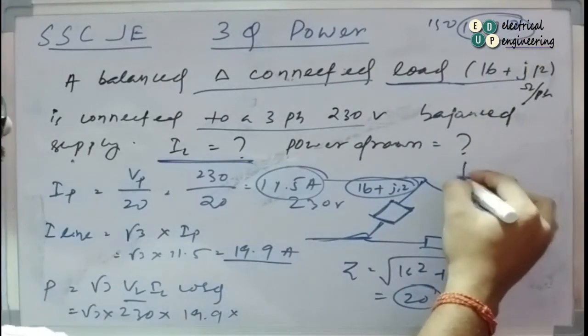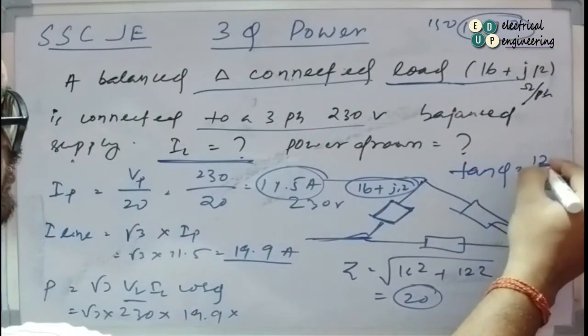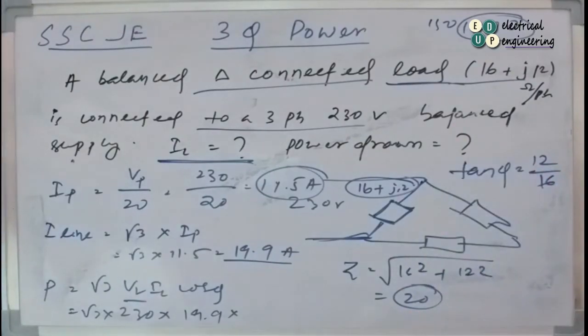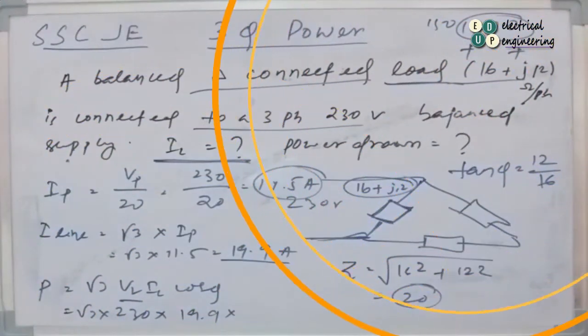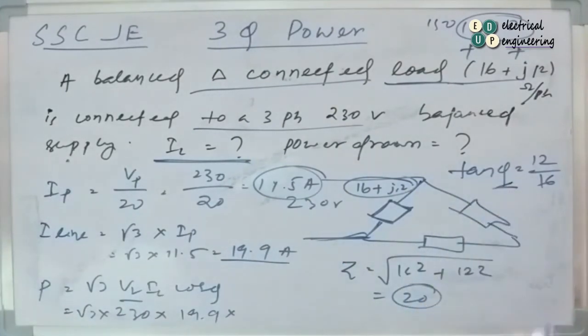So how much is tan phi here? Tan phi is 12 by 16. So phi will be tan inverse of 12 by 16. From here you can get phi and put it in cos phi. You'll get the answer P as 6.34. Okay, just find it out.